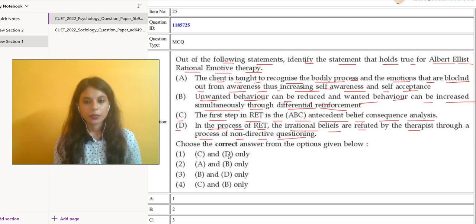Based on this, what holds true is that the first step in RET is the ABC analysis. And it would be D also, that in the process of RET, it involves all the irrational beliefs and challenges them to promote more irrational thinking and emotional responses.